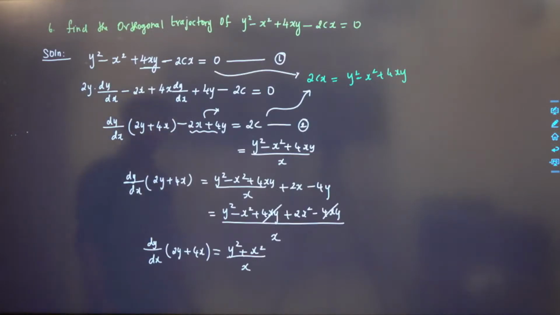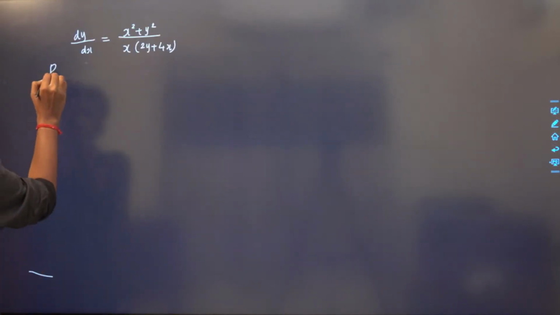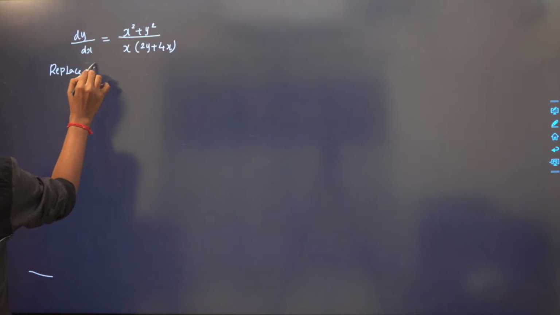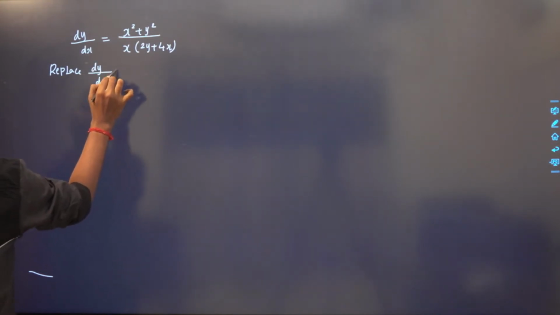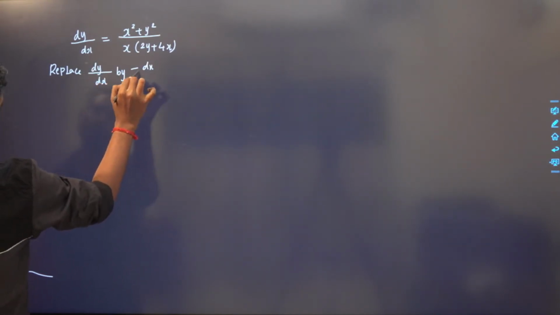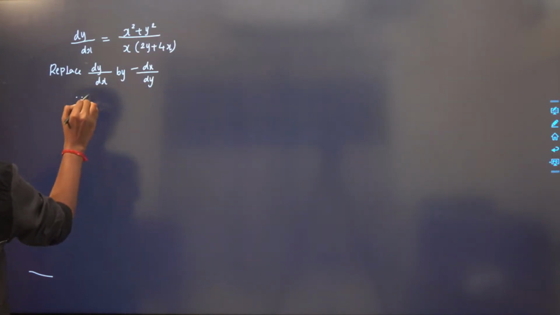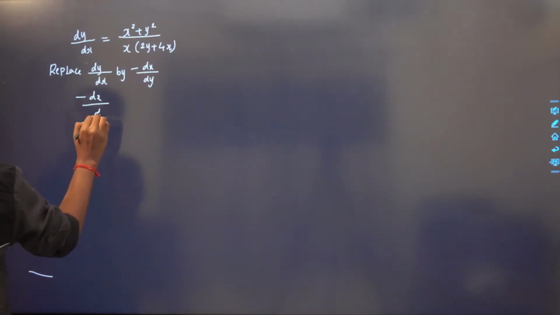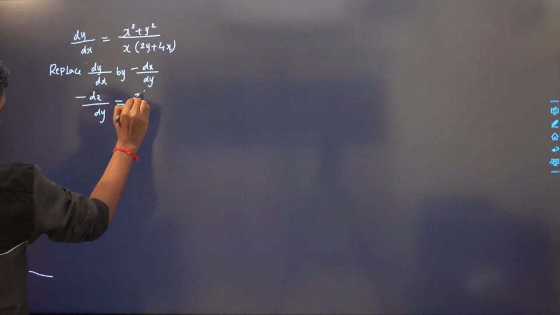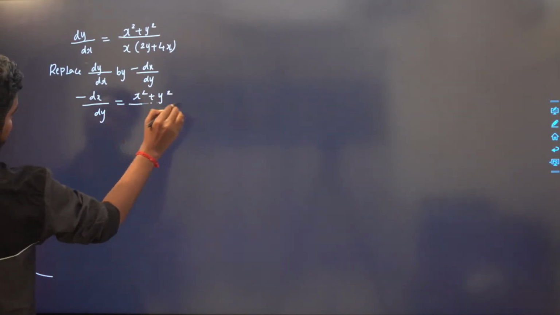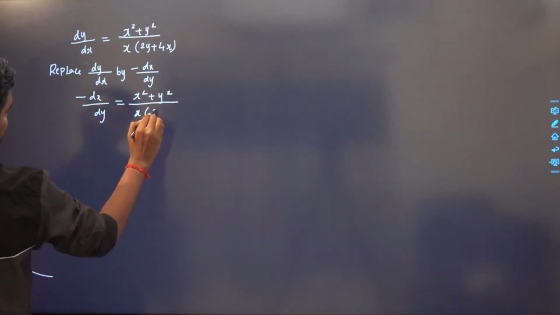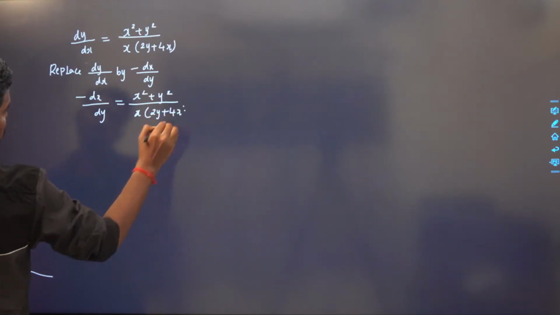Now you have to replace dy by dx by minus dx by dy. So this will be minus dx by dy equals x square plus y square over x into 2y plus 4x.